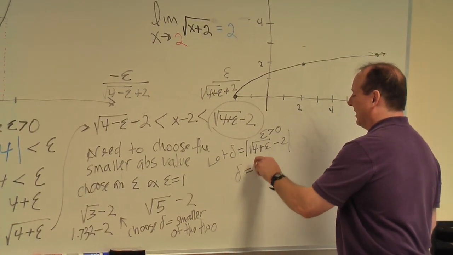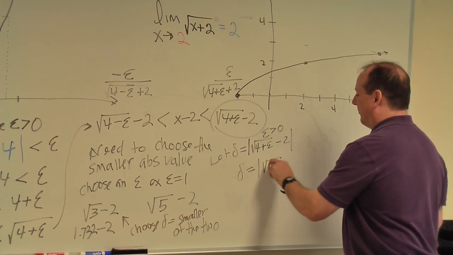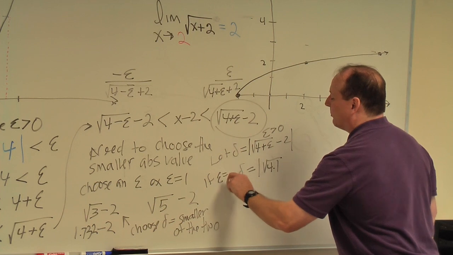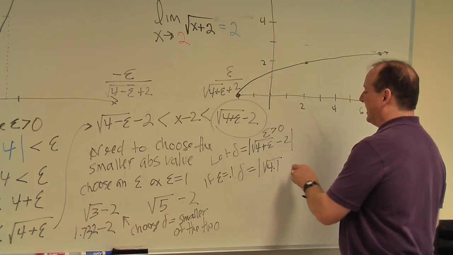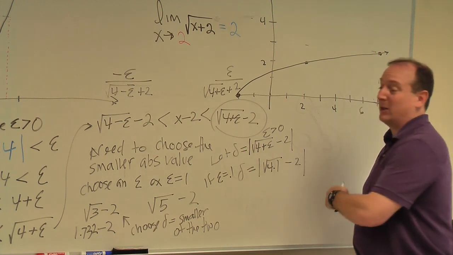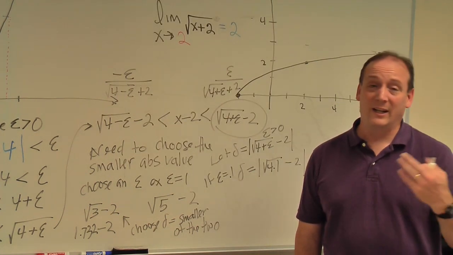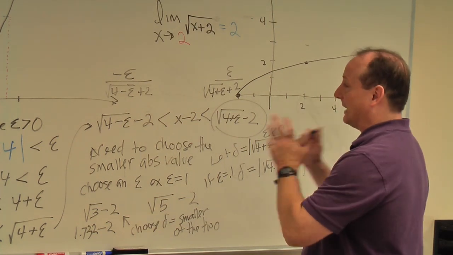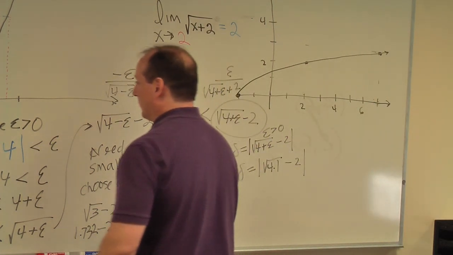I should pick the square root of 4.1. If I want epsilon to equal 0.1, then I need delta to equal the square root of 4.1 minus 2. I could do the calculation and figure out what number that needs to be. So that's this example right here. Okay.